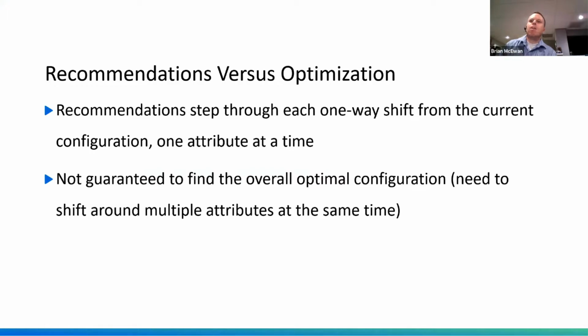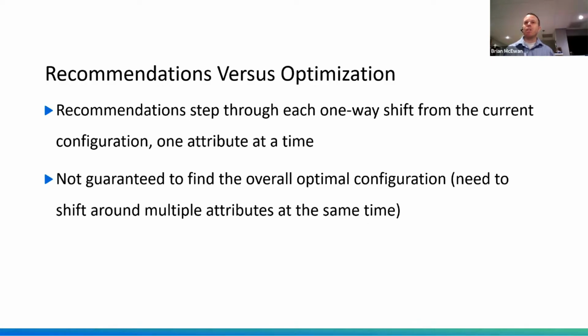Okay, so recommendations, like we said, are a look at every possible one-way step away from the current configuration. And while this will definitely find some good recommendations, it's not necessarily going to find the overall optimal configuration.